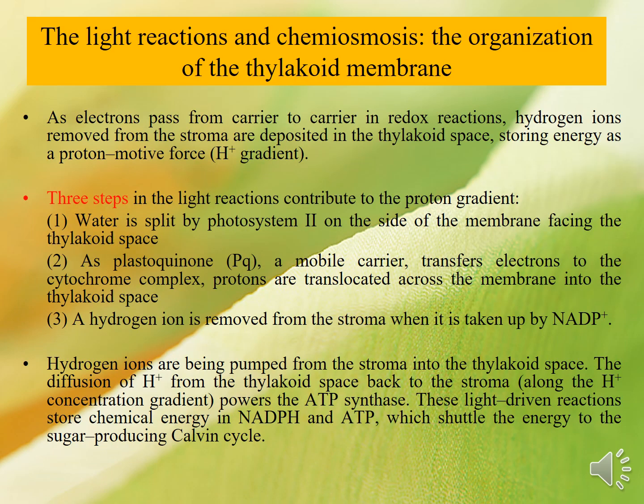Okay, now we look at the relationship between the light reaction and chemiosmosis. Why is chemiosmosis involved in the light reaction? Because the light reaction produces ATP. Remember, chemiosmosis is about the electron passing from one carrier to another carrier in the redox reaction.